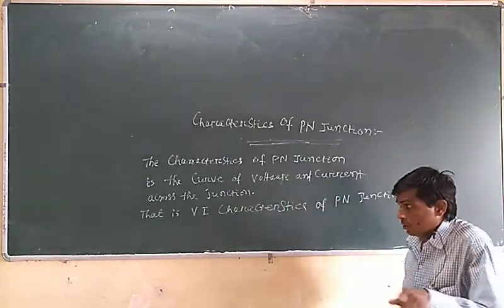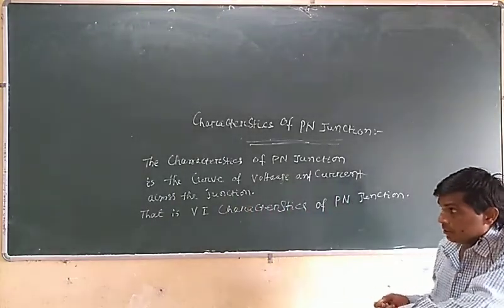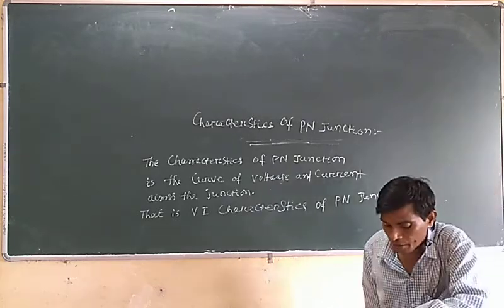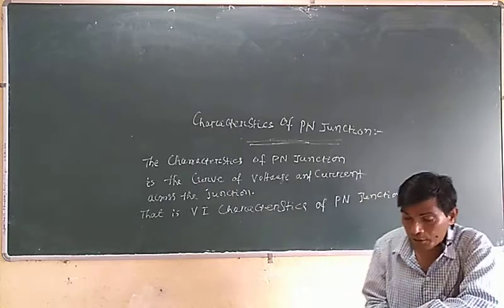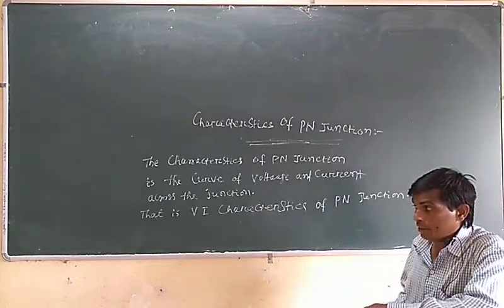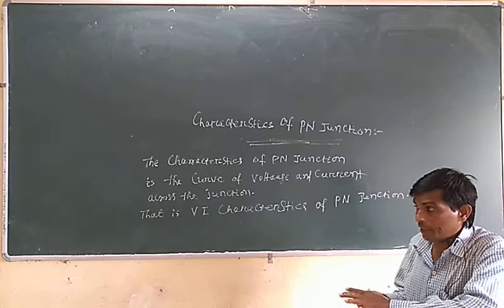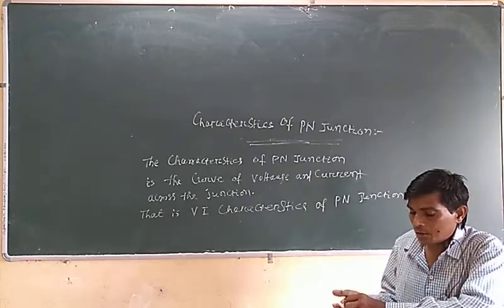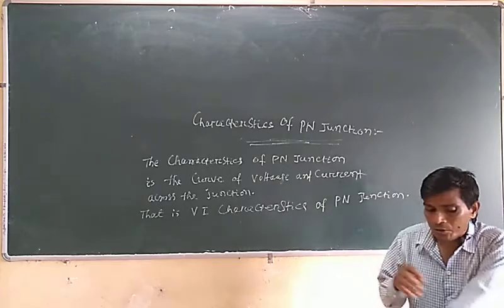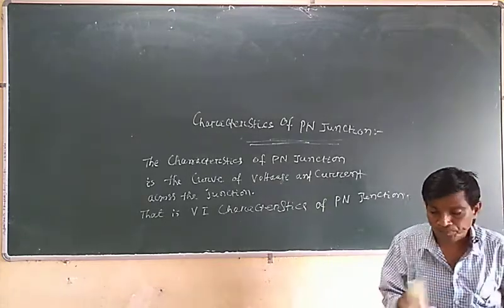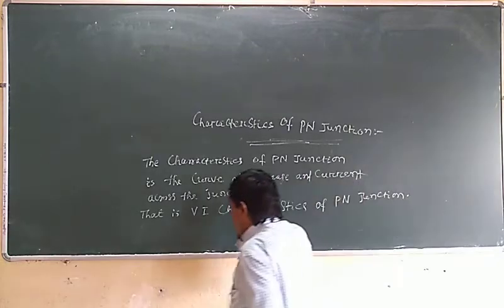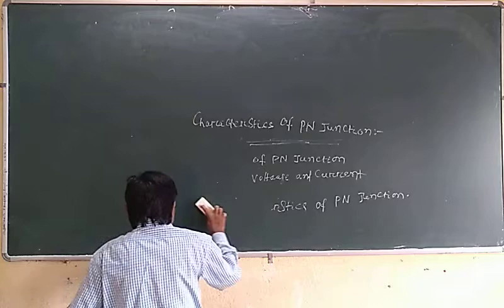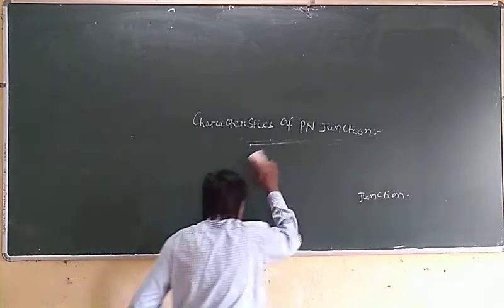We applied voltage and current to the PN junction. Then we observe what effect or what is the character in voltage and current. Then we study. So we discuss these characteristics by its diagram.